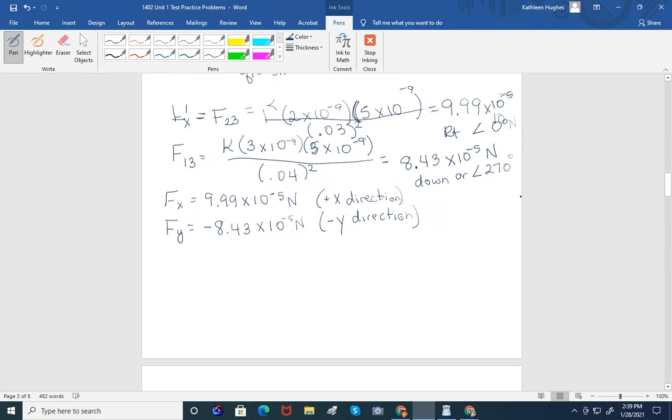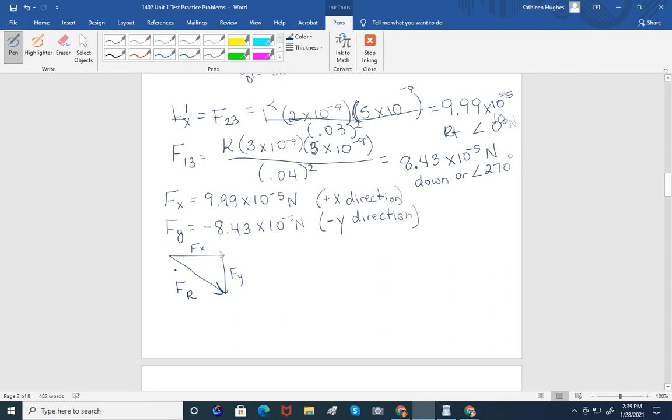If we want to add these perpendicular vectors, x and y components, it's simply a matter of saying, look, the x vector points to the right. If I want to graphically add it, it's a little bit bigger than the y vector, 9.99. This is 8.43. The y component points straight down. The sum of those two would start here and end there. That's that resulting vector. I'll put R for resultant.